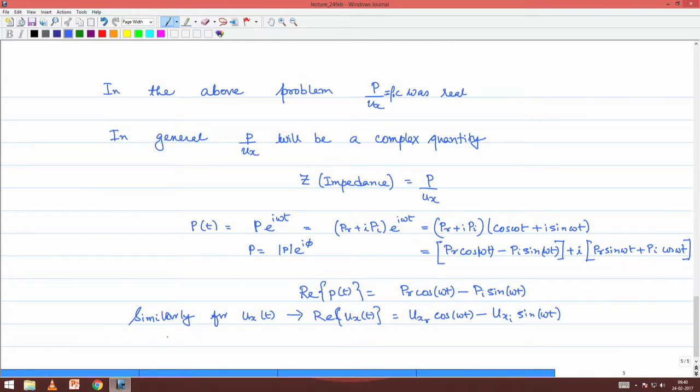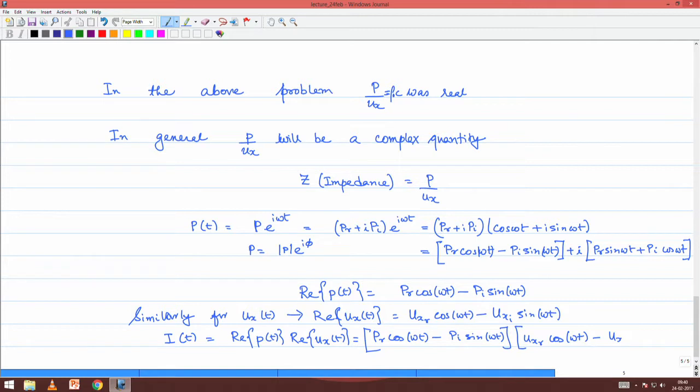So, the instantaneous intensity will be real part of pressure times real part of velocity, which in turn means P r cos omega t minus P I sin omega t into u x r cos omega t minus u x I sin omega t, right.